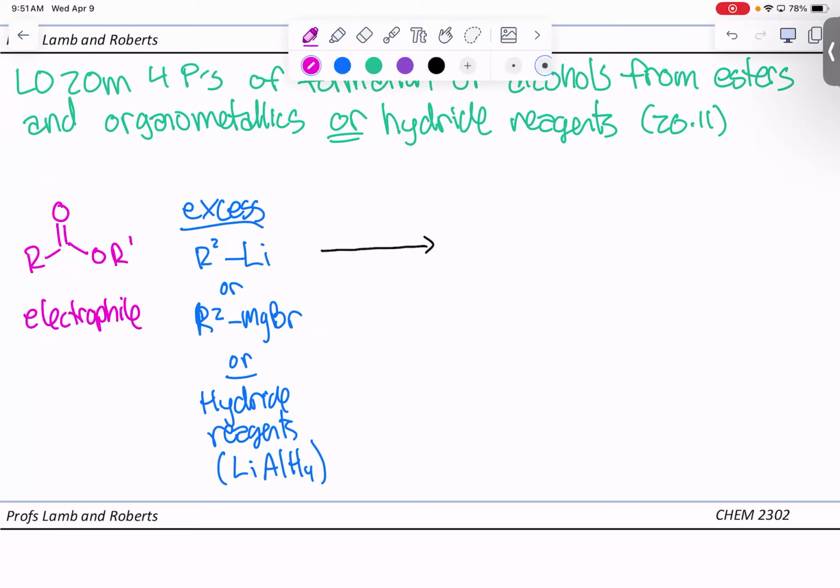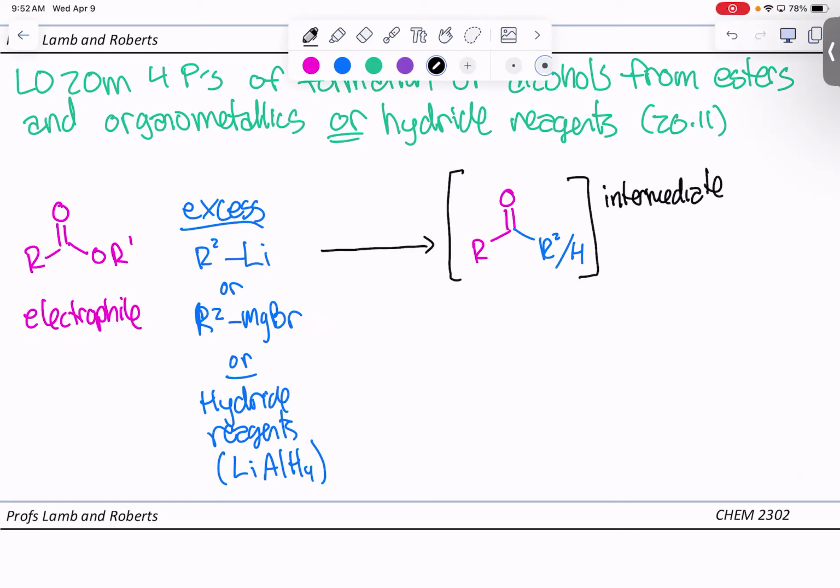And what we're going to get out in our first step, so either R2 or H if it's the hydride reagent, we're going to get this as our intermediate. All right, so what happens when you have a ketone in the same flask as an organometallic reagent or hydride?